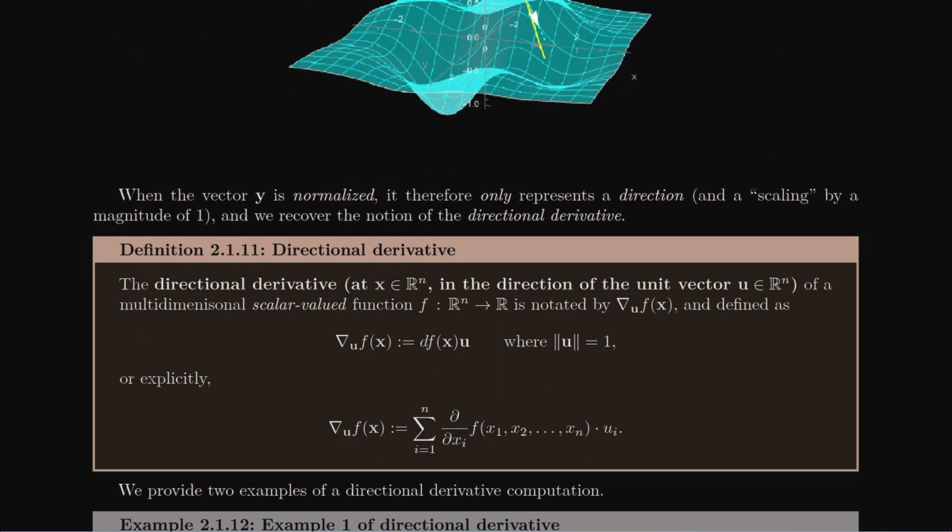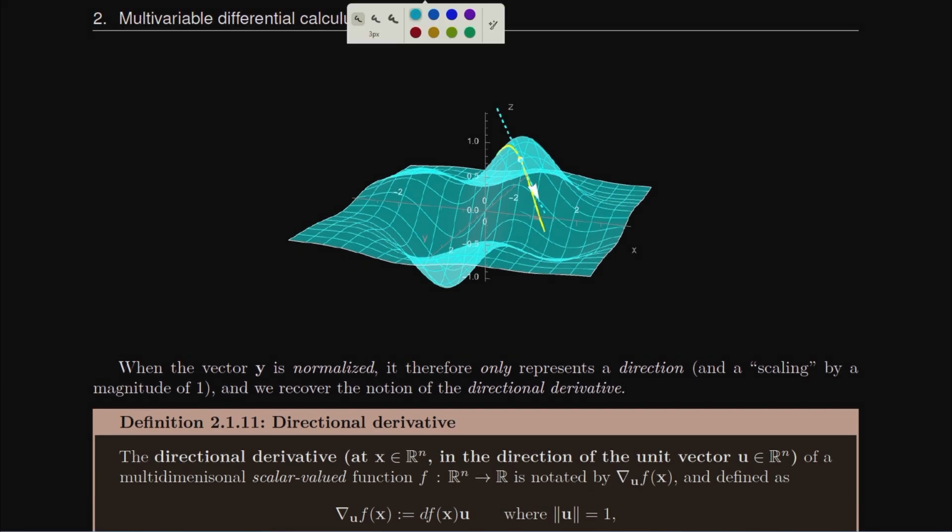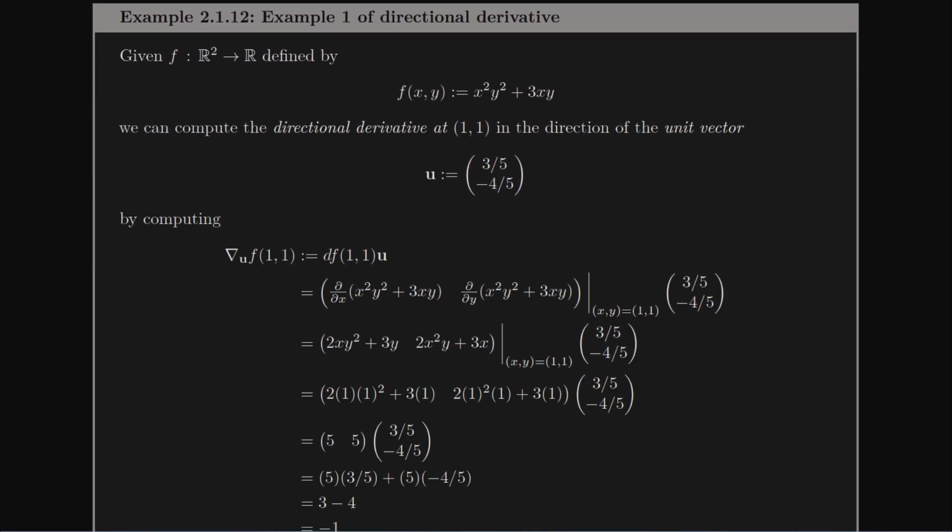You get a single real number that describes the slope. If I jump back up here, you can imagine if I'm physically walking on this mountain in this direction, there will be a very specific slope of the mountain in that direction. The directional derivative was constructed as a means of saying, how do we calculate that slope? Let's go ahead and compute it.